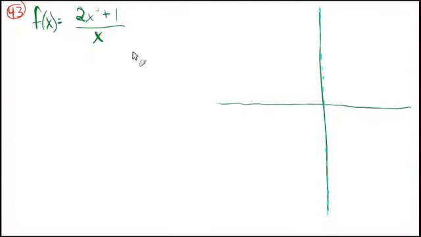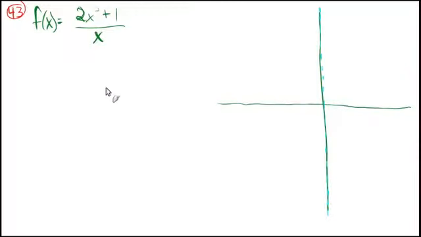So this guy's going to take over, and as x goes to positive infinity, depending on whether this function becomes positive or negative, which it'll be positive, it'll shoot off to positive infinity, and as we go to negative, it'll shoot off to negative infinity. But how it does that is very interesting.